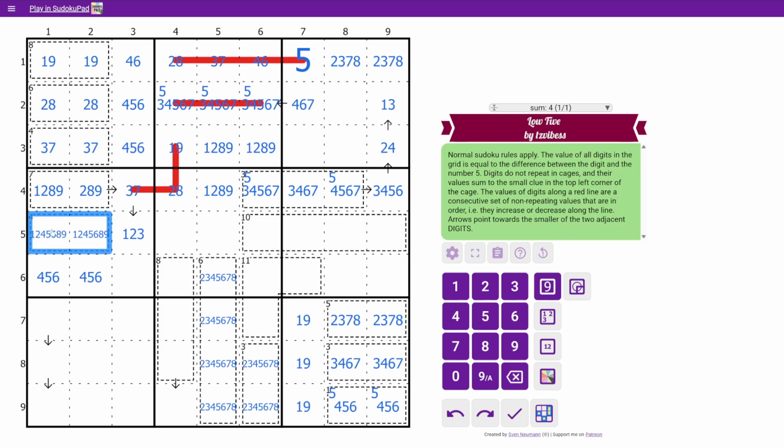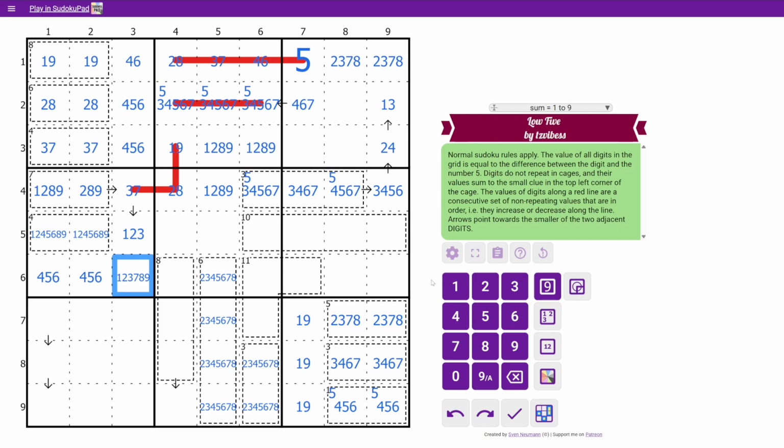Oh, this could be... Oh no, no it can't. Yeah, only one can go in here from 4, 5, or 6, and then the other 2 will go here. And then this one will be 1, 2, 3, 7, 8, 9 basically.